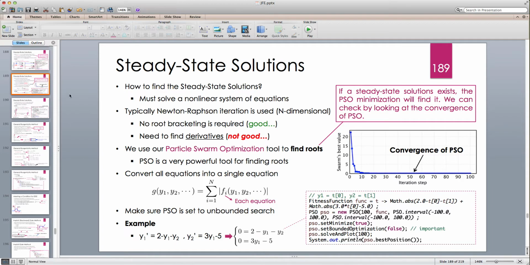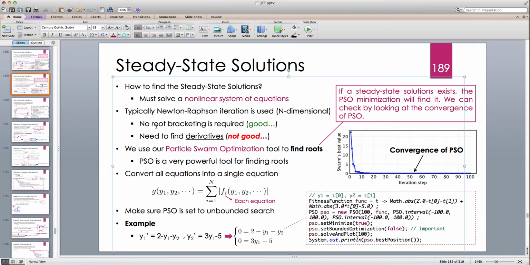All right. These equations could in fact be any type of linear, nonlinear equations. We might have sine of y1, sine of y2, y2 squared, or whatever. So in general, it's a nonlinear system of equations.